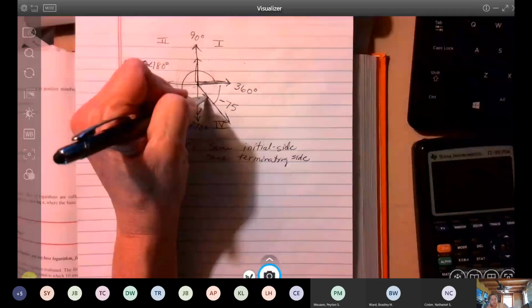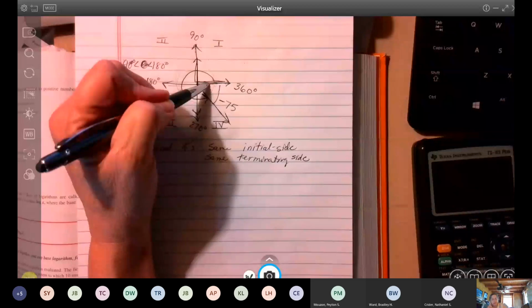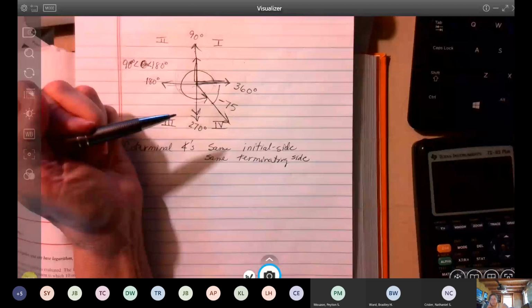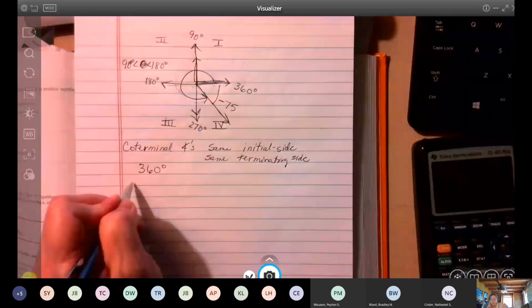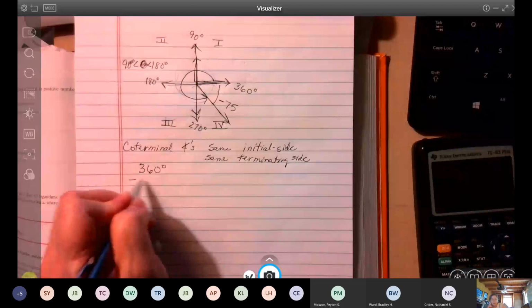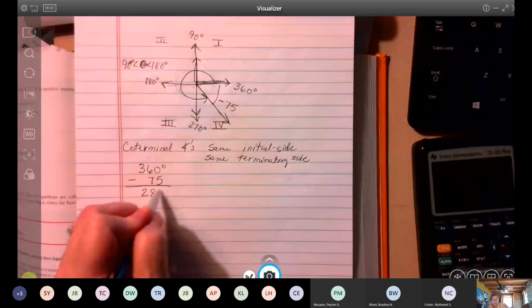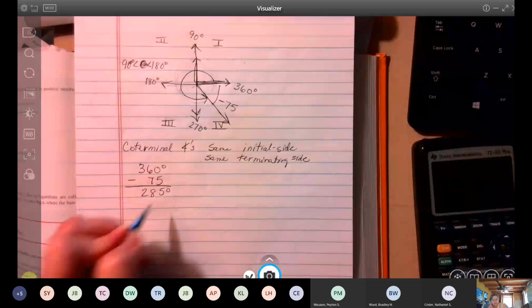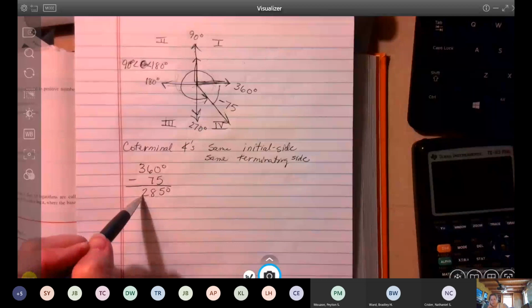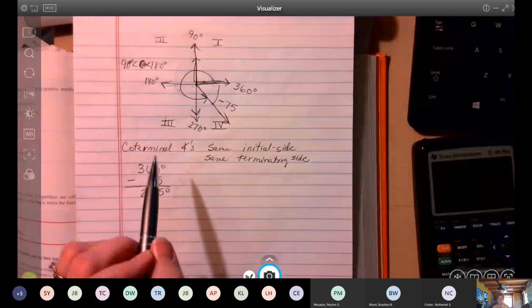So they have the same initial and terminating side, but this one's going to be a positive angle. So I would find that by saying 360 degrees minus my 75 degrees is going to give me 285 degrees. So negative 75 and 285 are what we call coterminal angles. We end up at the same position on my graph when I'm looking at it.